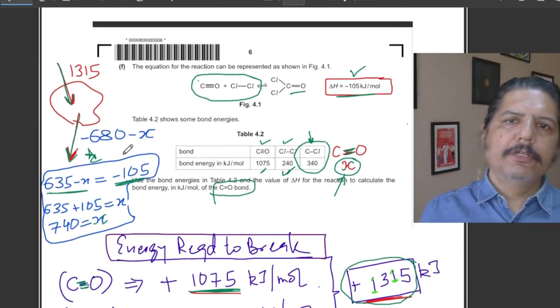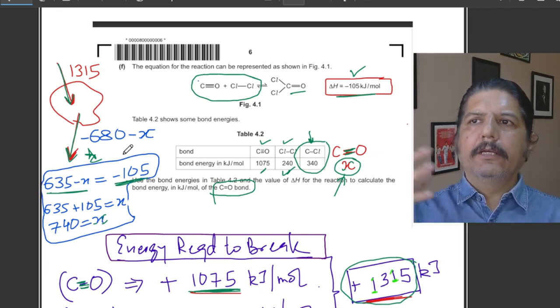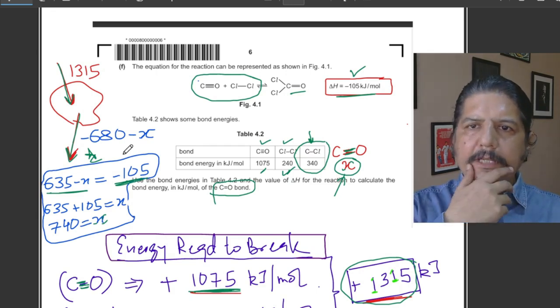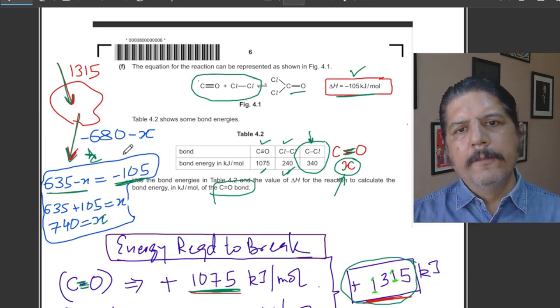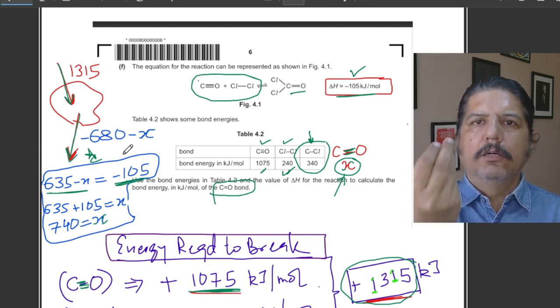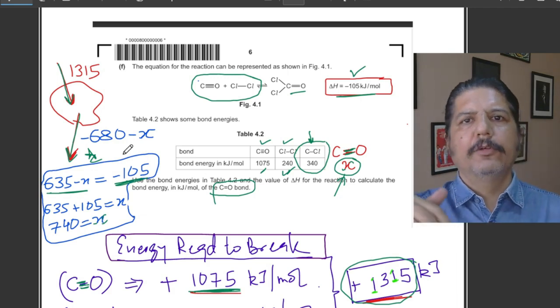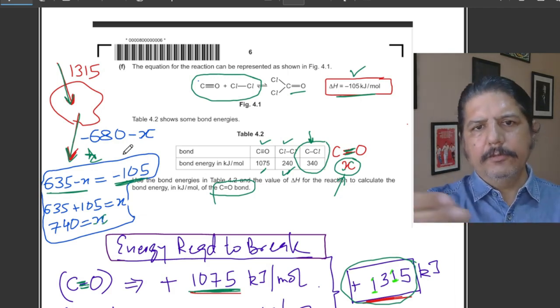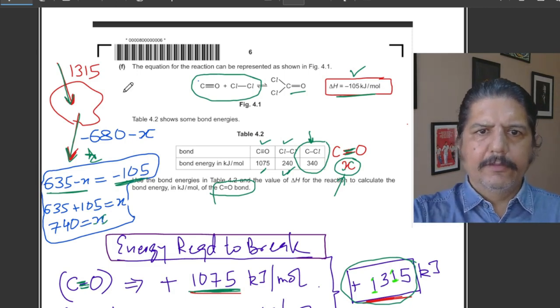In the other questions, usually we have to calculate delta H. But here delta H is given and one of the bond energies has to be found. The sequence of events remains the same. Whatever bond energy has to be found, assume it to be X and follow the same steps as before. Just in the last step, you equate that X expression to the given delta H. That is the only thing which is new here.